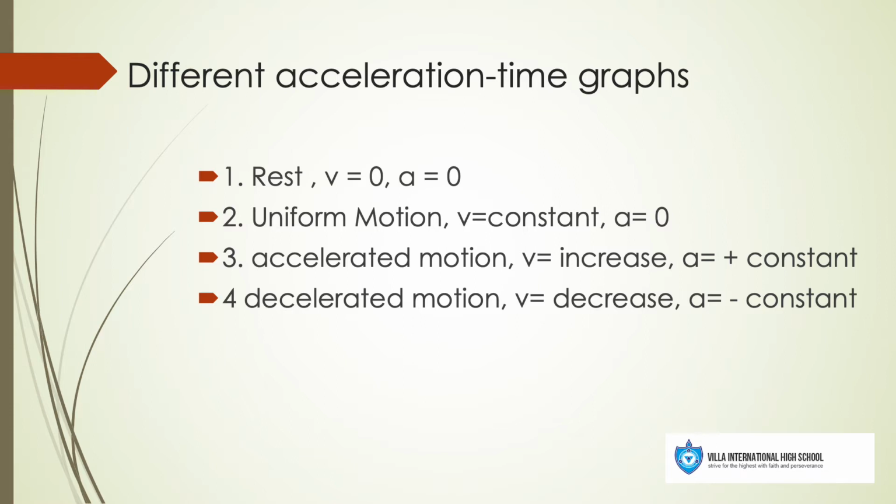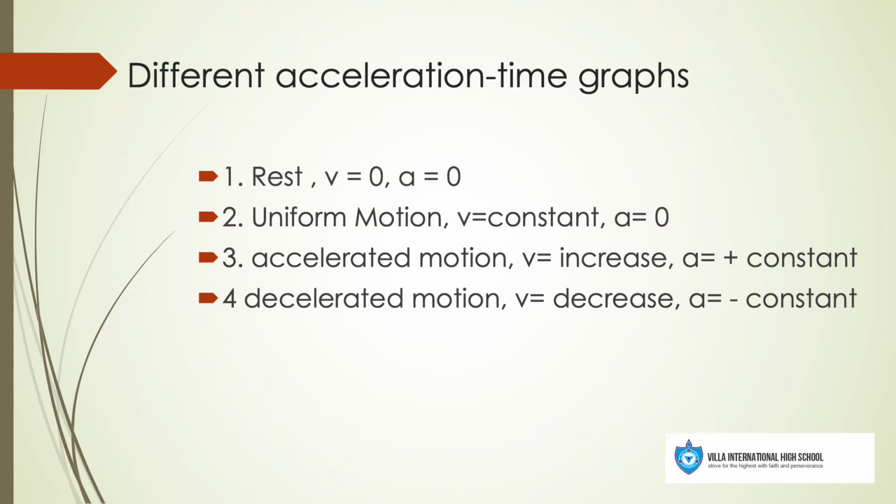Here, what happened to the velocity? Velocity decreases, and acceleration is a negative constant. Negative is due to the velocity decrease, and it's constant because it's uniformly decelerating. Okay, so these are the four situations we are going to study.